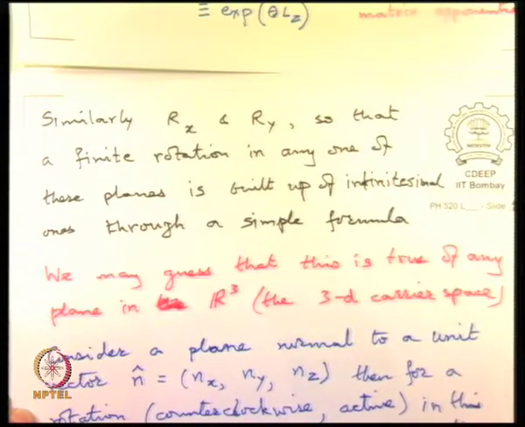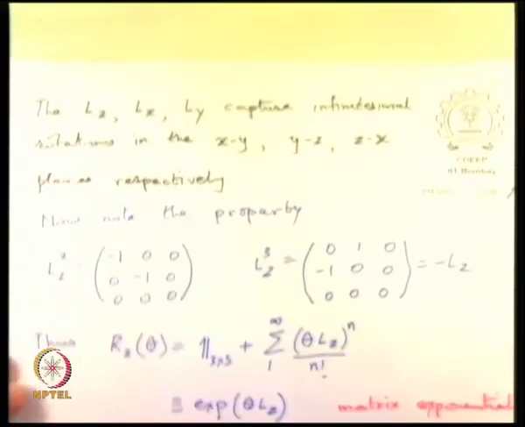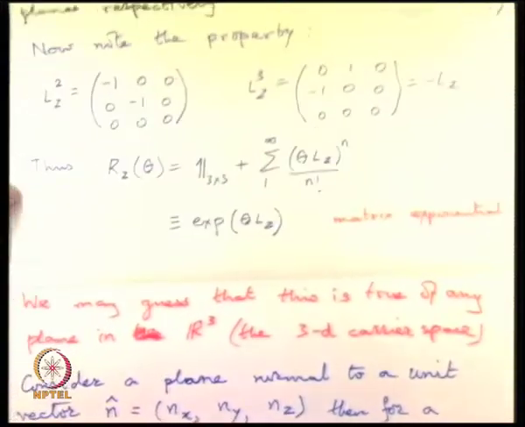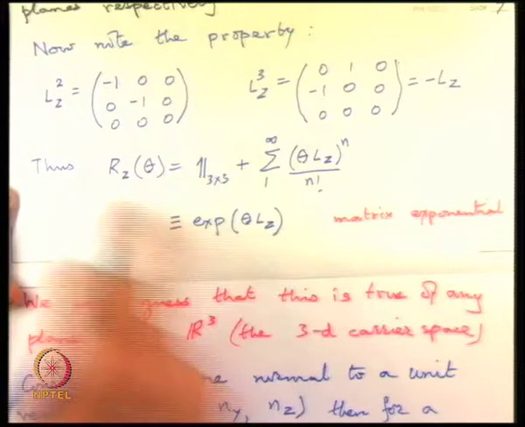In this plane, what matrix should we write? We have everything in front of us. We know Lx, Ly and Lz are like the unit vectors of rotation, and finite rotation for any one of them at least is given in this way.